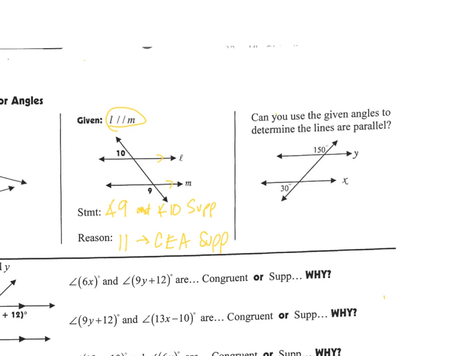Ask us here, can we use the given angles to determine if the lines are parallel? Well, if we look at it, yes, we can, because what's given to us is our corresponding exterior angles, and we can use that to then say that those lines are parallel.